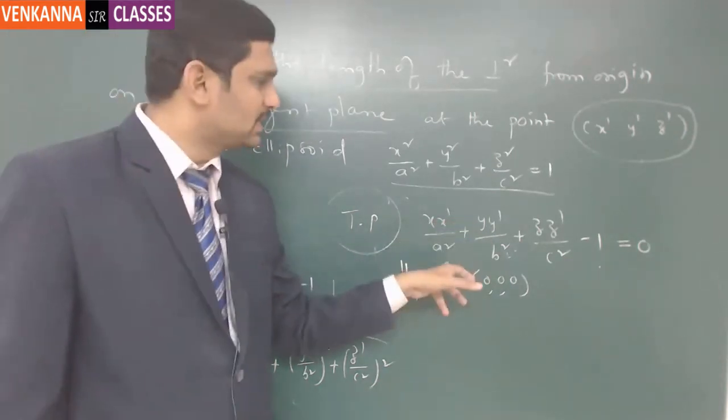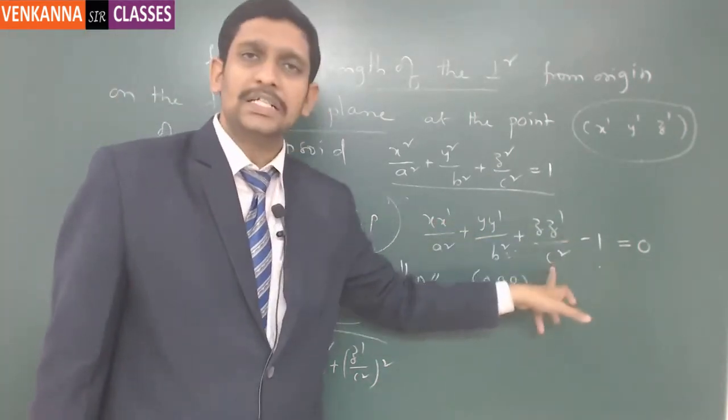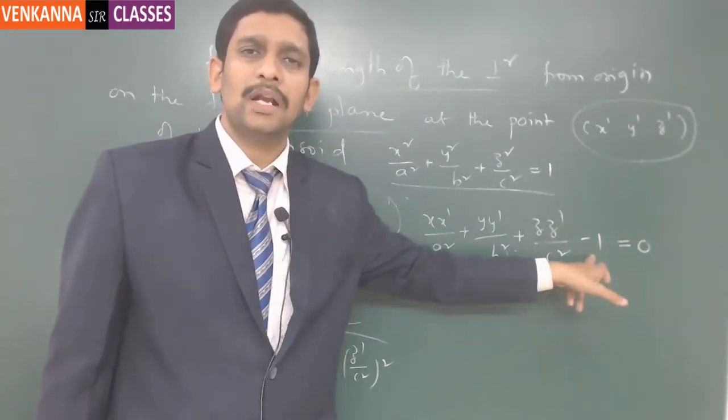So x dash by a square, y dash by b square, z dash by c square, and d is nothing but the constant minus 1.